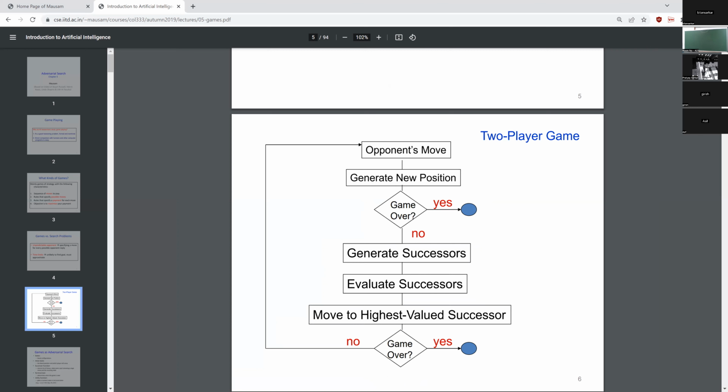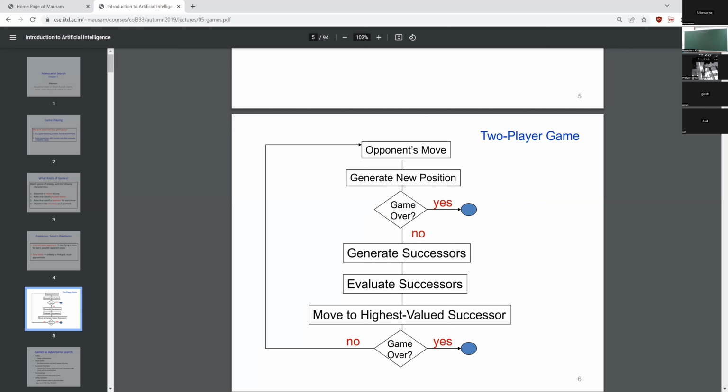So you would like to have a utility function that gives you a measure of how good a successor is. Once you have such a function, you would like to choose the highest valued successor, and make a move that takes you to that most valued successor as the next state of the game.